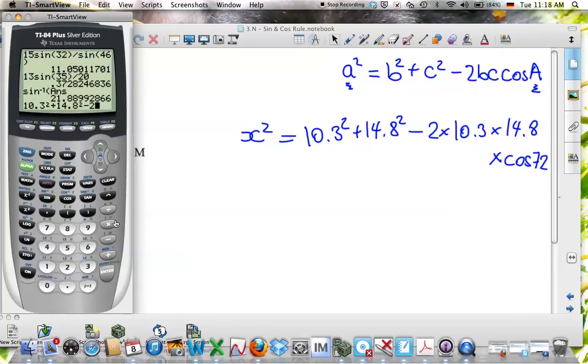minus 2 times 10.3 times 14.8 times cos of 72. Okay, and that gives us 230.916.